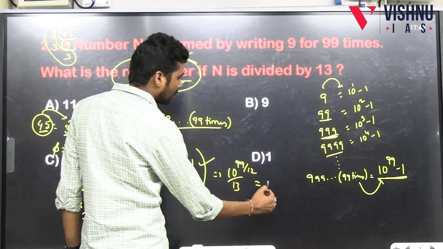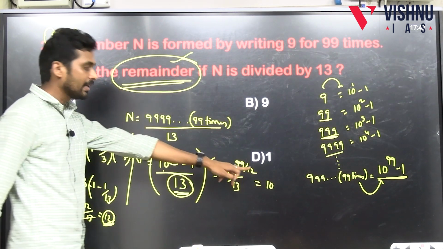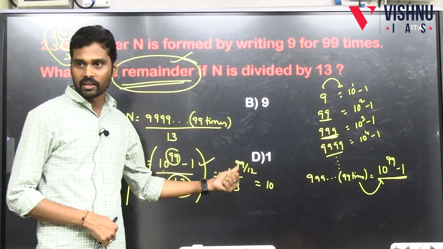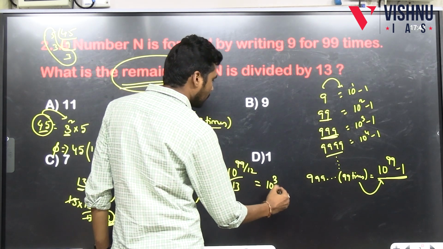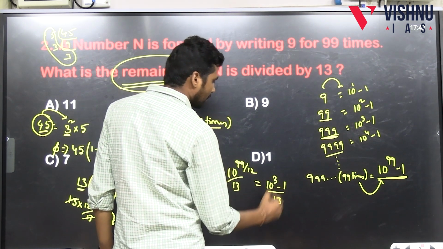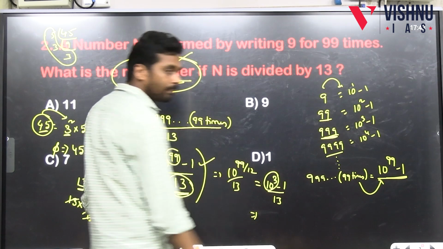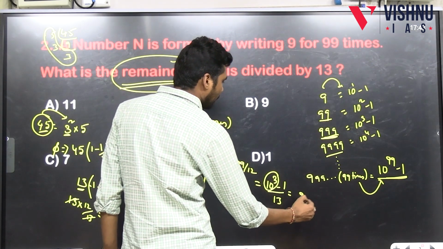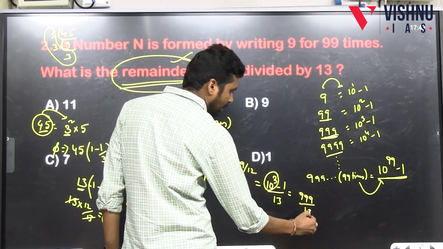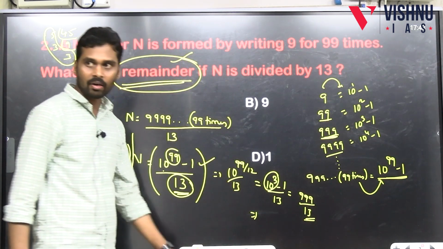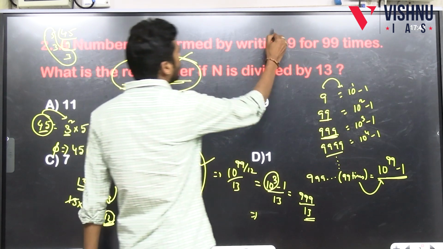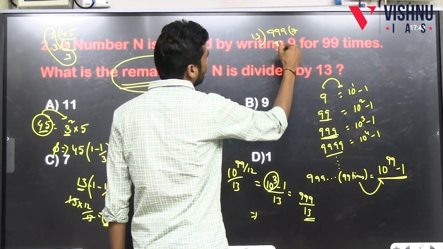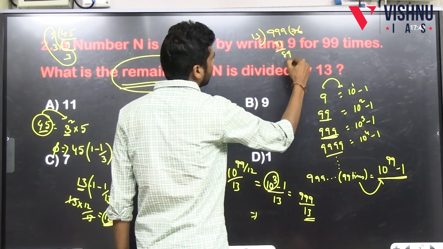What is the remainder of 10 power 99 by 12? 12 eights are 96, so the remainder is 3. So 10 cube minus 1 divided by 13. 10 cube is 1000, and 1000 minus 1 is 999. Finally we need the remainder of 999 divided by 13. 13 sevens are 91, 13 sixes are 78.